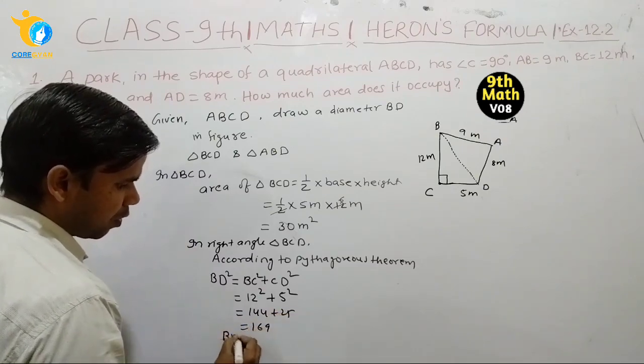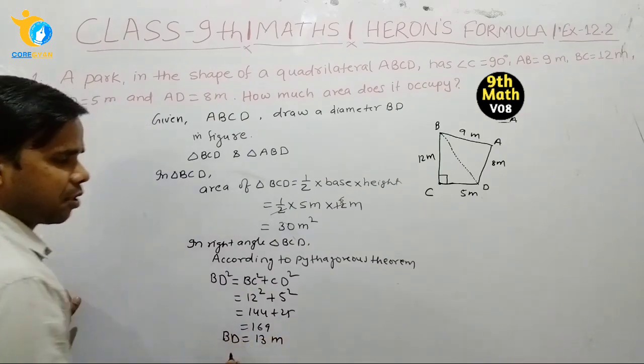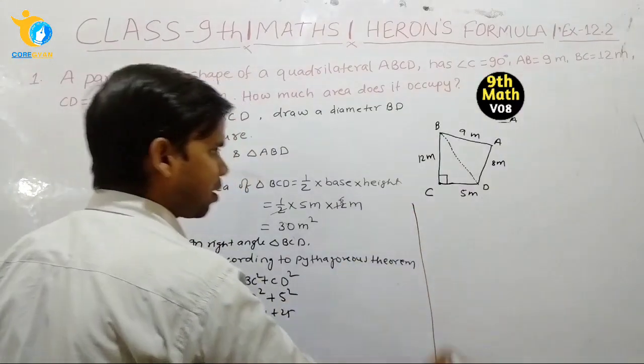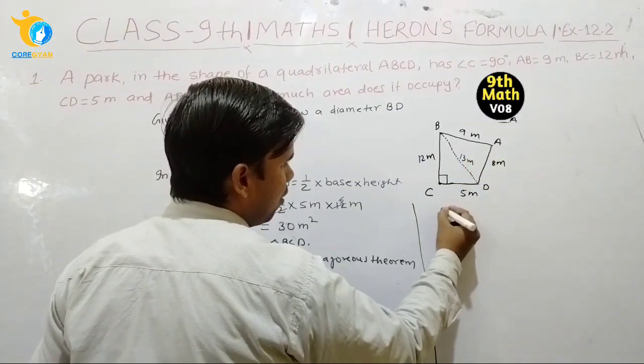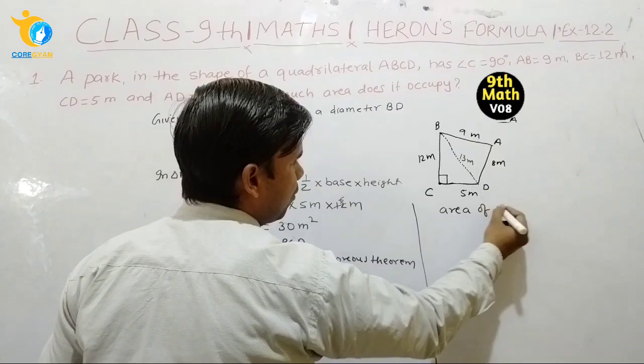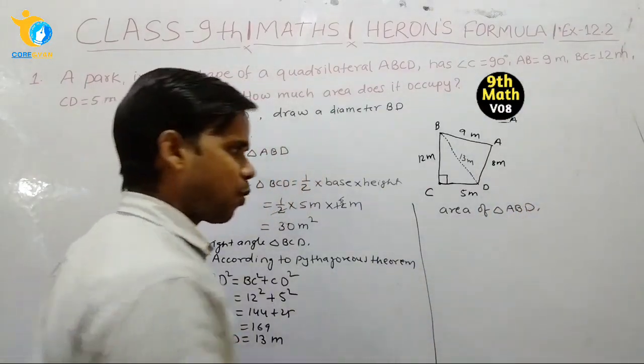Then BD is 13 meters. So if BD is 13 meters, then we find the area of triangle ABD.